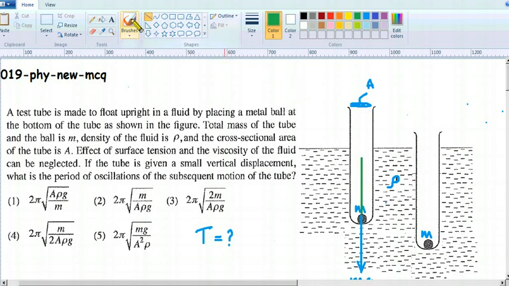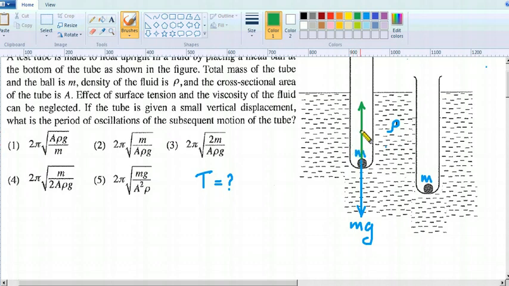That is how we have to represent these vectors. If we just draw like this without considering the magnitude, the length of the arrow, that is wrong. So I draw the arrow whose length is equal to the length of this mg. Assume the upthrust is U1.